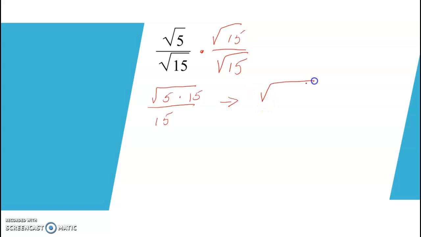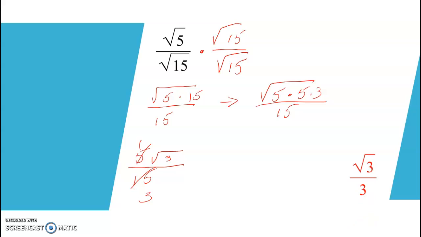So I know that is 5 times, and 15 can break out into 5 times 3 over 15. He's still hanging there. So that's going to break out the 5 out of the radical, leave a 3, and then we got 15 on the bottom there. Oh, snap, these can reduce right here. That leaves us with the square root of 3 over 3.